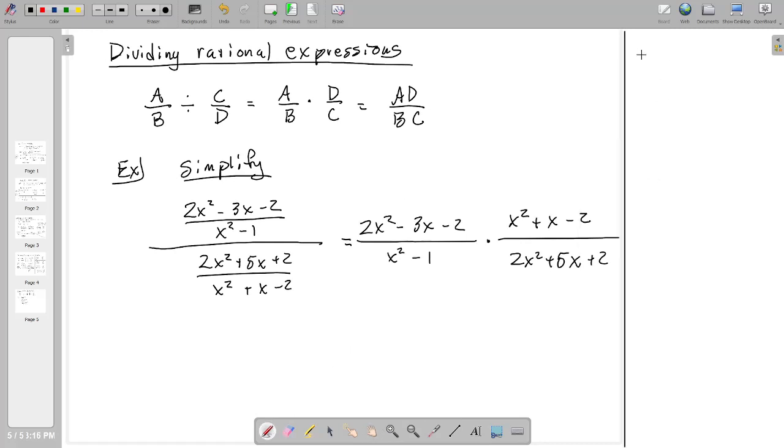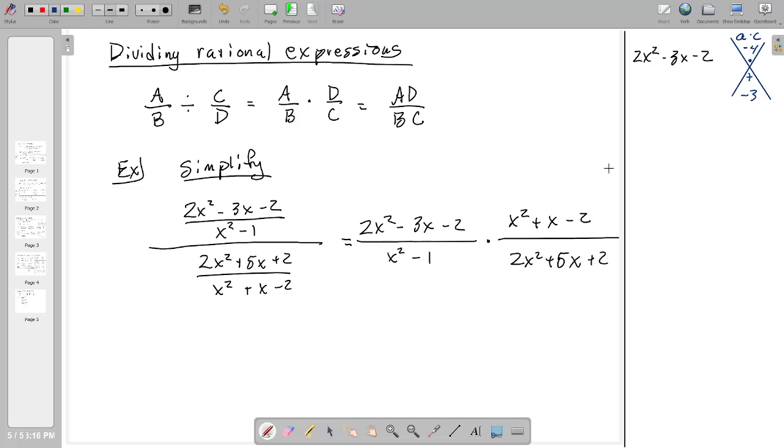So start with 2x squared minus 3x minus 2. We are looking for two numbers that multiply to a times c, which will be negative 4, and add to b, negative 3.